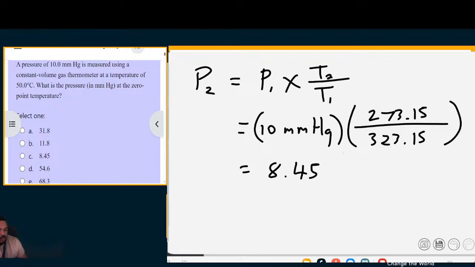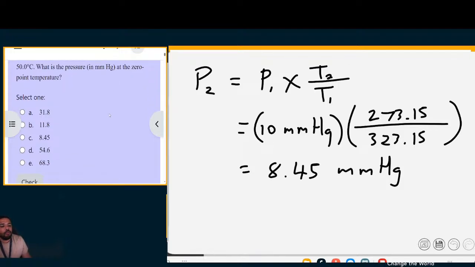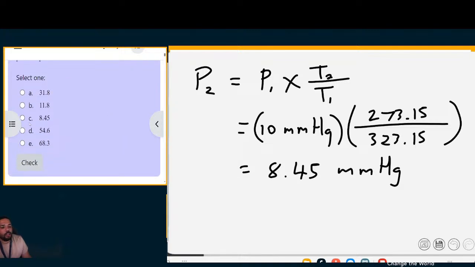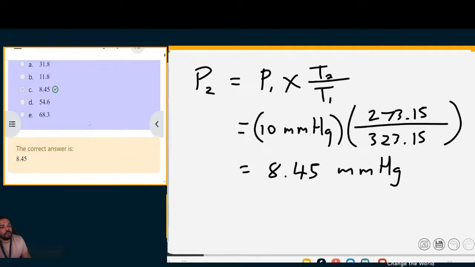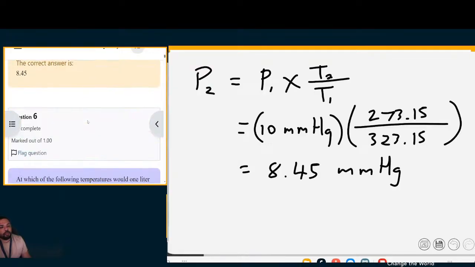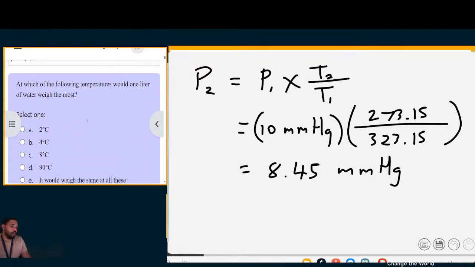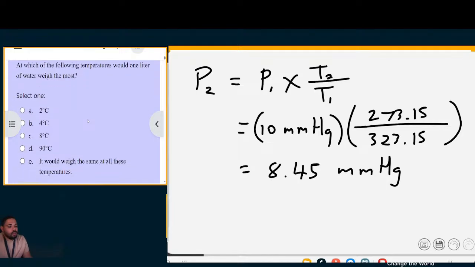This is what I got, at least, 8.45 millimeters mercury. This is just simple math at this stage, but it's still nice to sharpen your teeth on. And that answer is correct, as indicated by the correct mark in green.